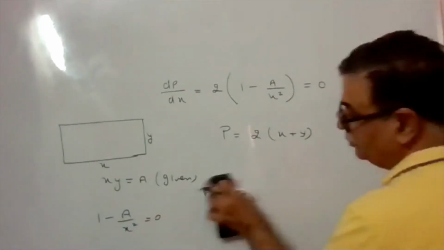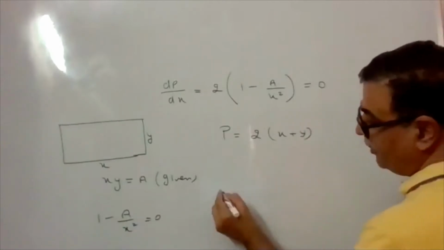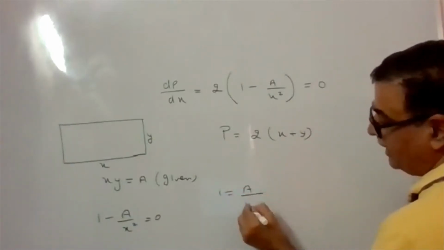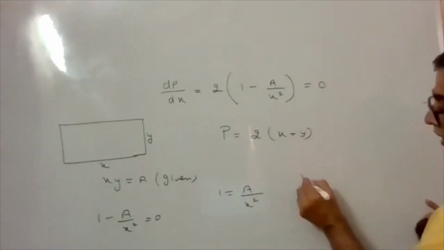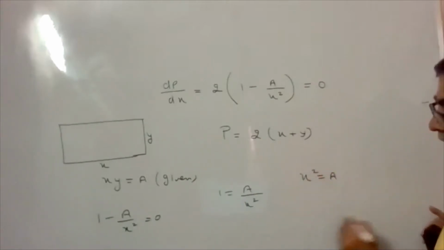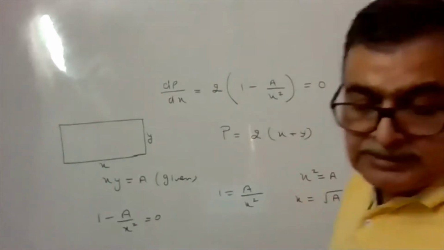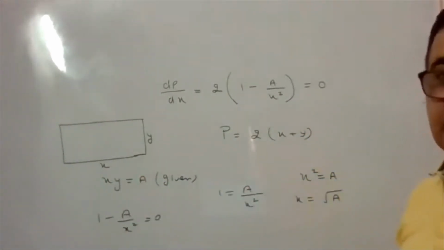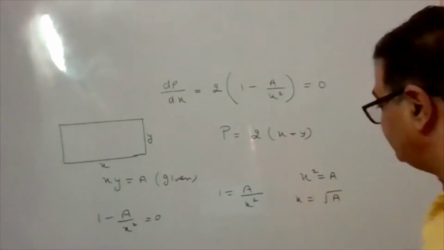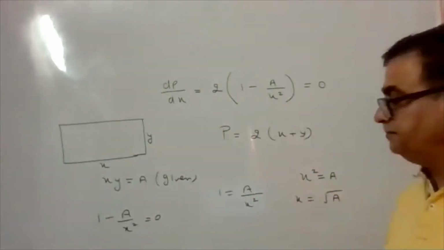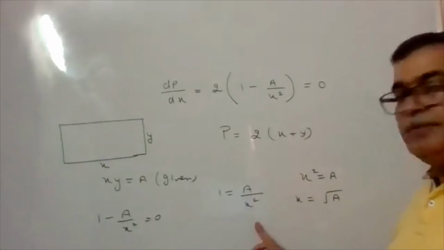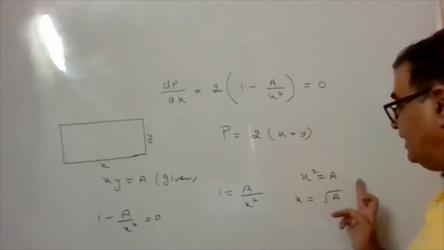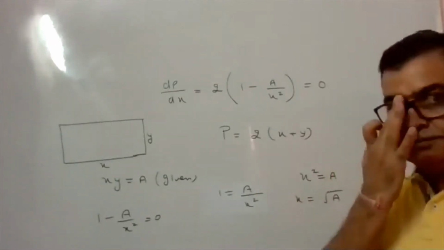Yes or no? This says 1 is equal to a by x square, or I should say x square is coming a, or x comes out to be root a. Please don't put plus minus here because x is the length of the rectangle, it can never be negative. So x is coming root a here.